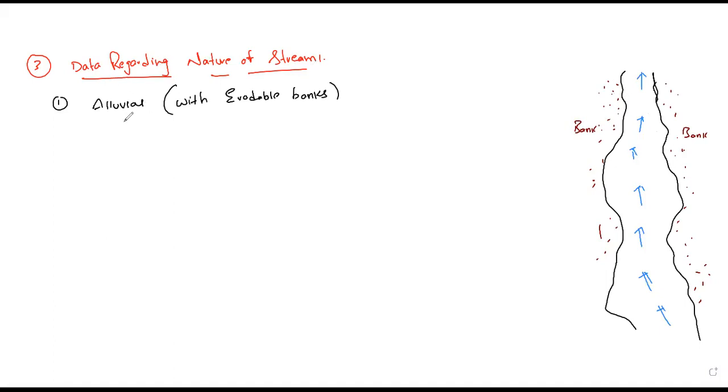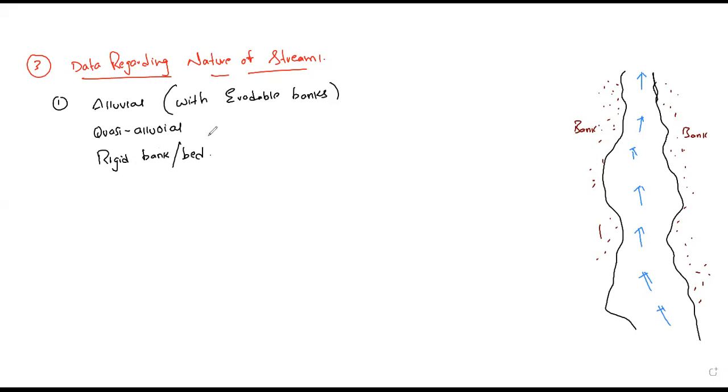First, we have to see whether the bank is alluvial with erodible banks or not. If not erodible, then quasi-alluvial. And next one is rigid bank, rigid bank or rigid bed.